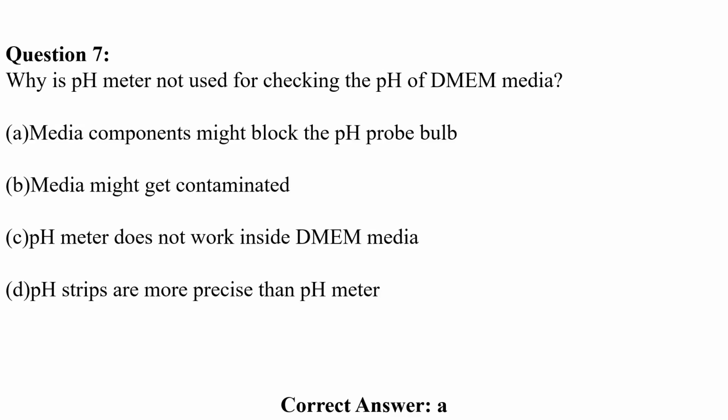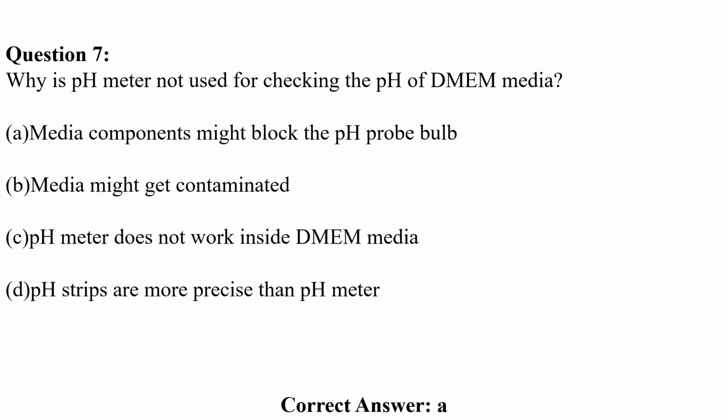A pH meter is obviously more precise because you can check the pH up to 2 decimal points, or if your instrument is more sensitive you can see up to 4 decimal points. A pH strip just gives you a general idea because it is color based and very subjective.